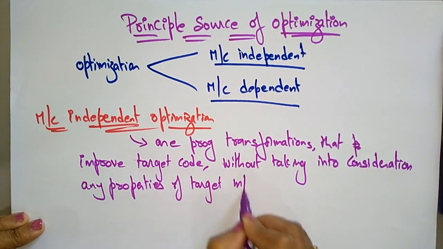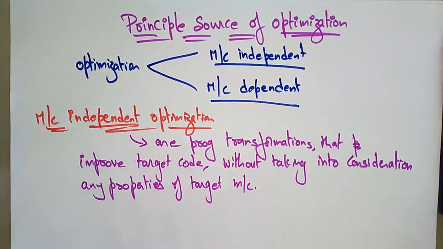First let me write, later I'll explain. Our main aim of using optimization is to reduce the code, make the program small, and execute it faster.